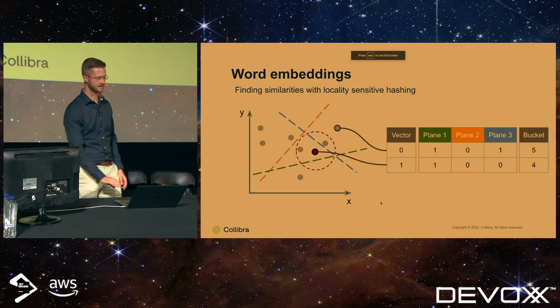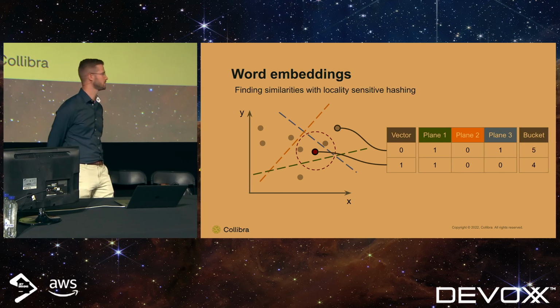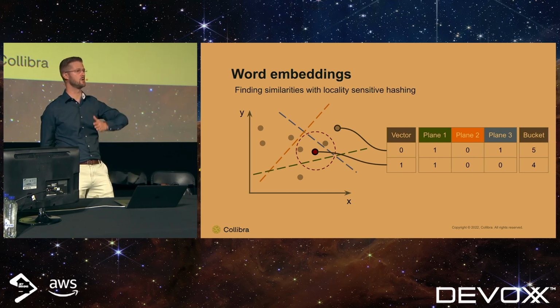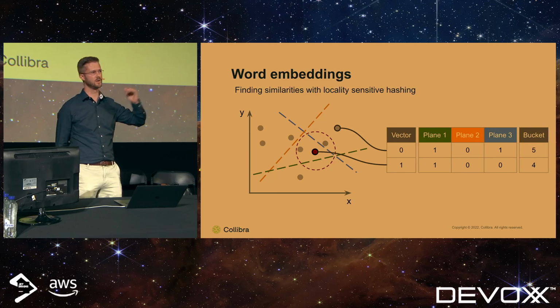Imagine you would draw these random lines, orange, blue, and green, throughout your embedding search space. Then you could, for any given dot embedding there, calculate whether it's above or below that line, right? It's actually basic math. So let's interpret above as a 1 and below as a 0.